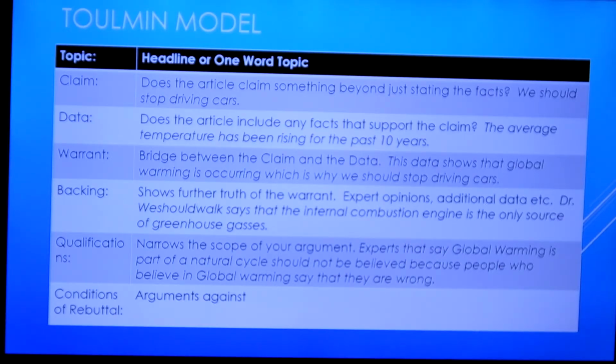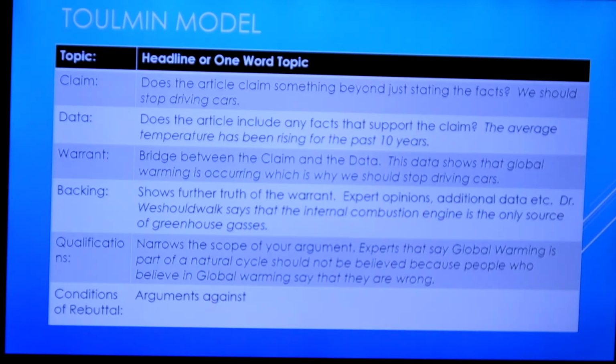In TP, it's typically going to start with that: we should do our plan. So that is the claim. They are claiming that you should do a thing or stop doing a thing. The data is the information that's being given to support that, the stuff that's backing it up.